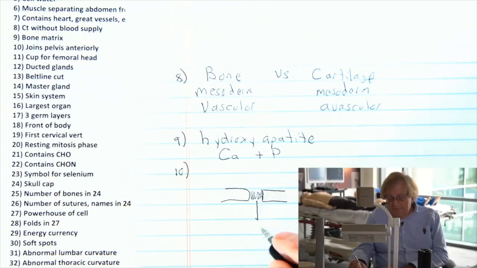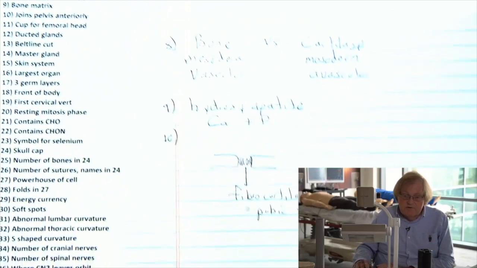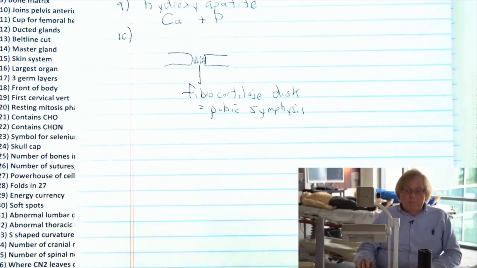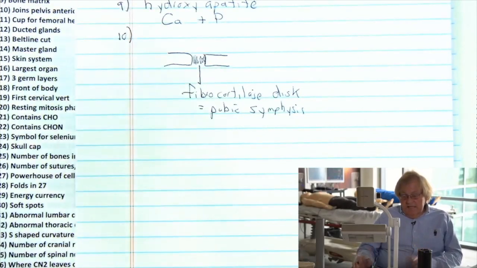And that fibrocartilage disc is called the pubic symphysis. And of course, the pubic symphysis function is going to be for childbirth. So that's the significance of it. And it's also going to be slightly movable.